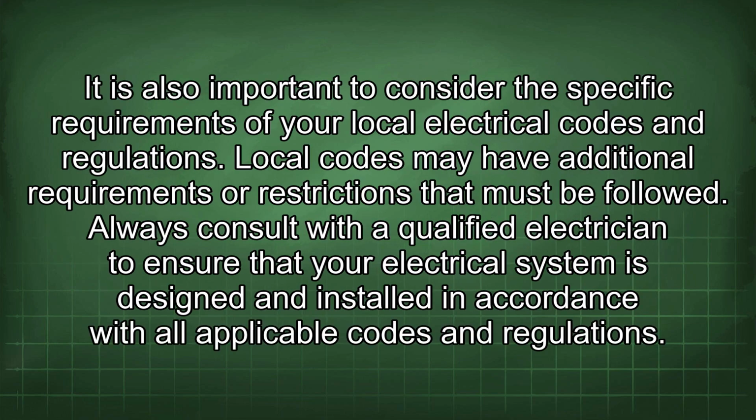It is also important to consider the specific requirements of your local electrical codes and regulations. Local codes may have additional requirements or restrictions that must be followed. Always consult with a qualified electrician to ensure that your electrical system is designed and installed in accordance with all applicable codes and regulations.